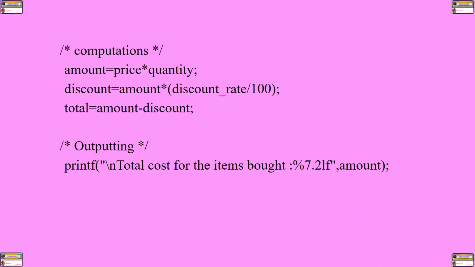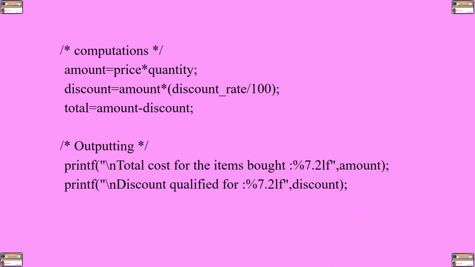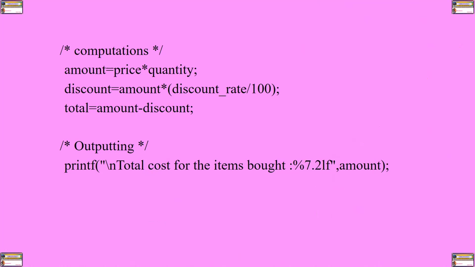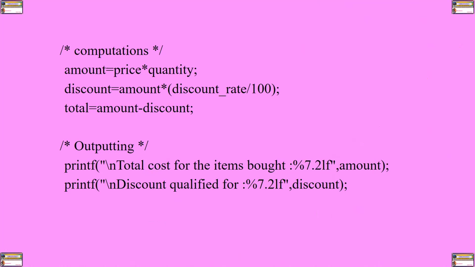So the statement will read as follows: total cost for the items bought, for example, 550.02 etc. But the total size of the number should not exceed 7 characters. And then the next statement displayed on the screen is: discount qualified for.